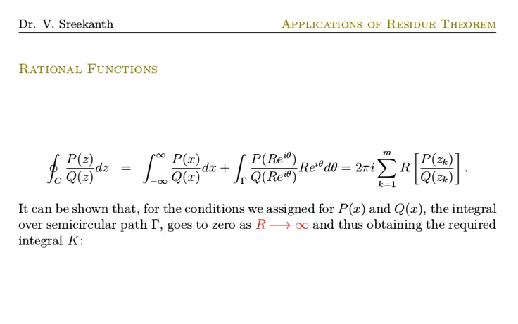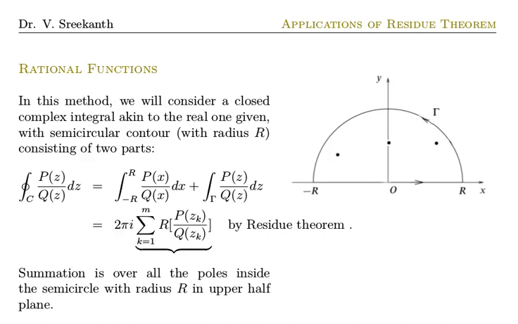So now you can see that what we have is the integral of p(z)/q(z) dz, which, if we take the limit r goes to infinity, essentially becomes minus infinity to infinity.